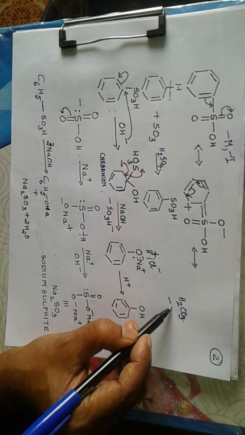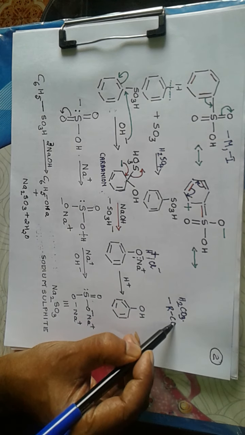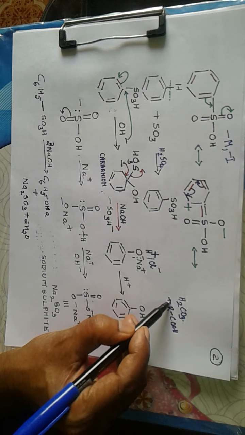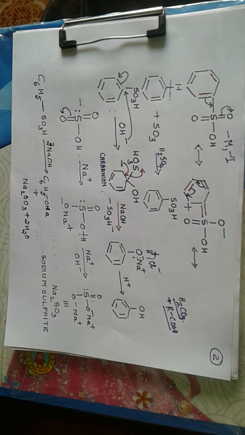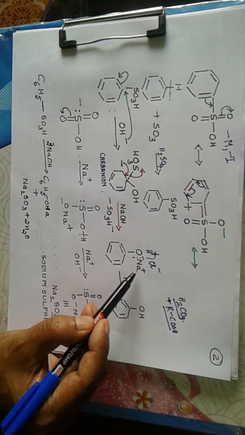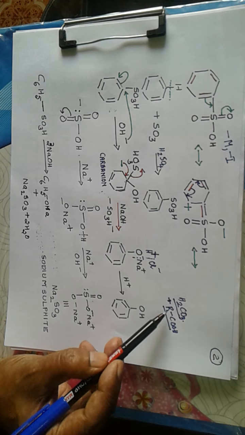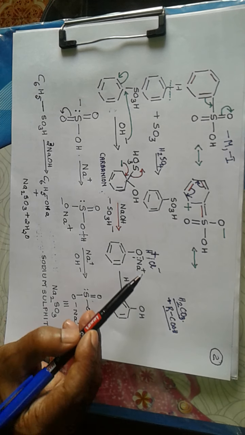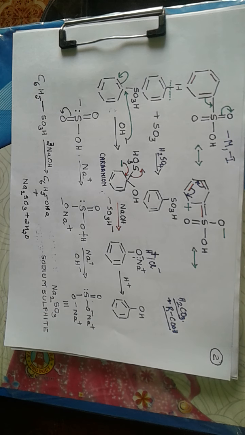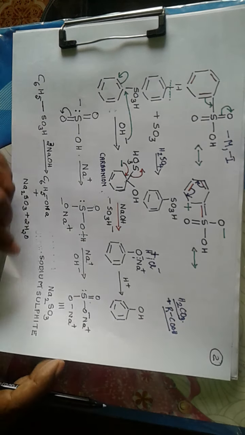So phenol is less acidic than RCOOH, less acidic than carbonic acid, etc. So when you mix the sodium salt with the RCOOH or H2CO3, we are able to get the free phenol. Now that is the sulfonation reaction followed by fusion with sodium hydroxide.